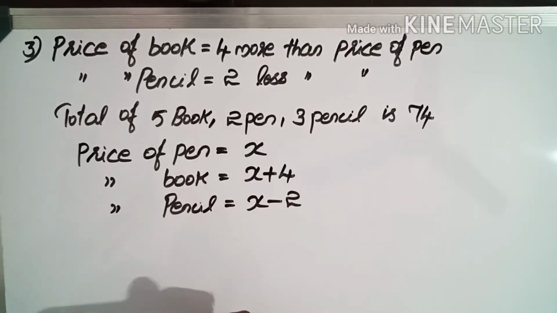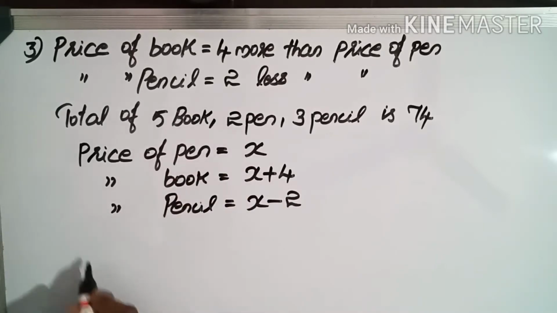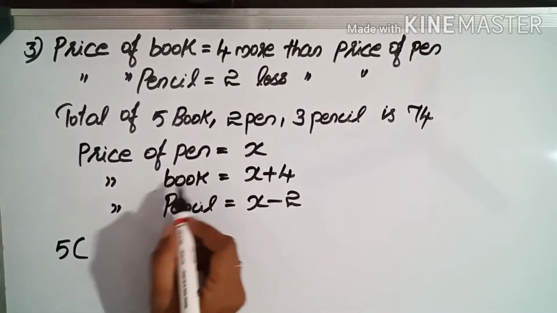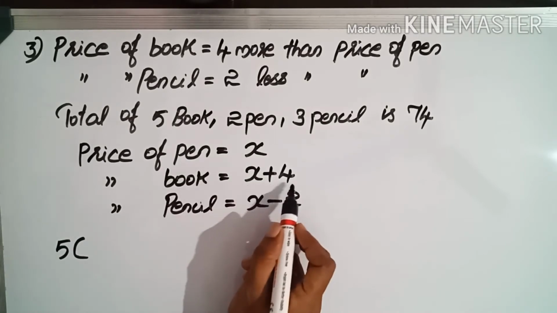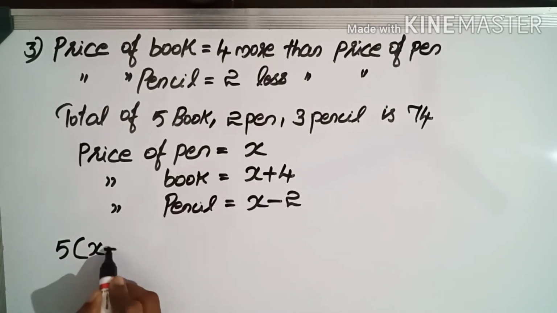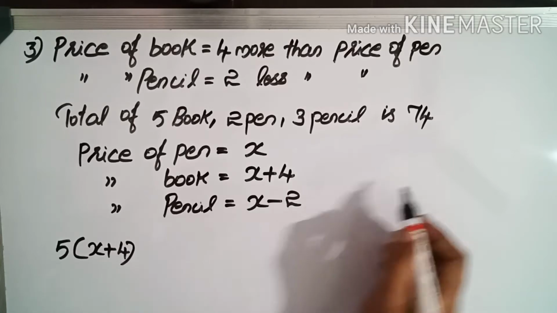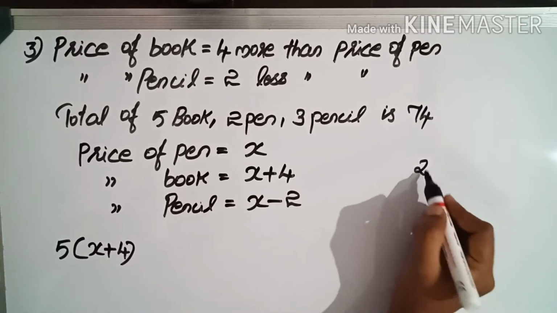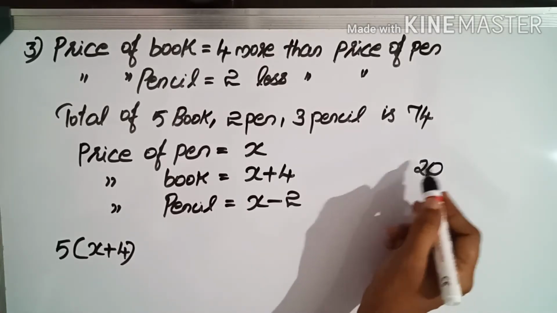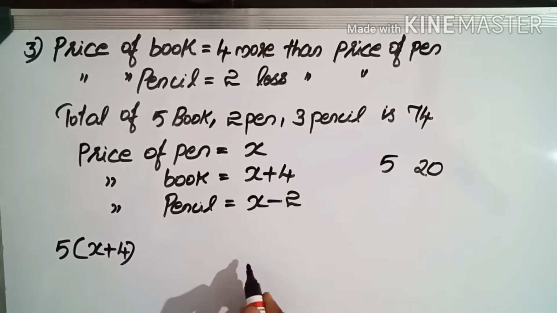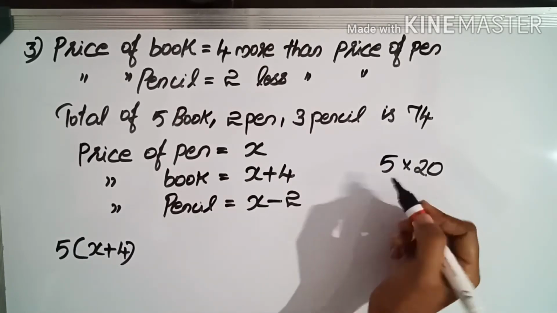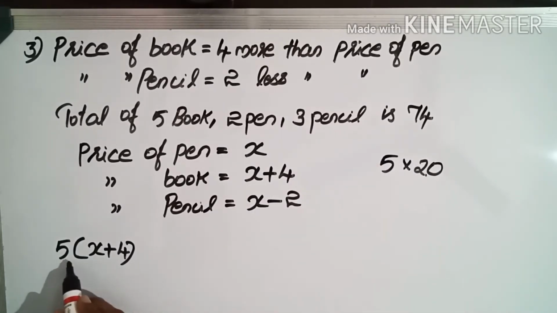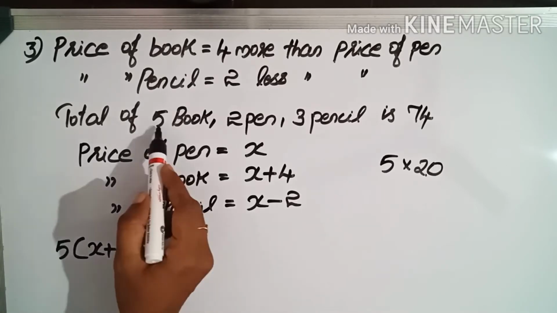So 5 book means 5 into what? Book amount is x plus 4. So 5 into x plus 4. That means if the price of book is 20 rupees, then in order to buy 5 book, 5 into 20, 100 rupees we need. That's why 5 into x plus 4 for 5 book.